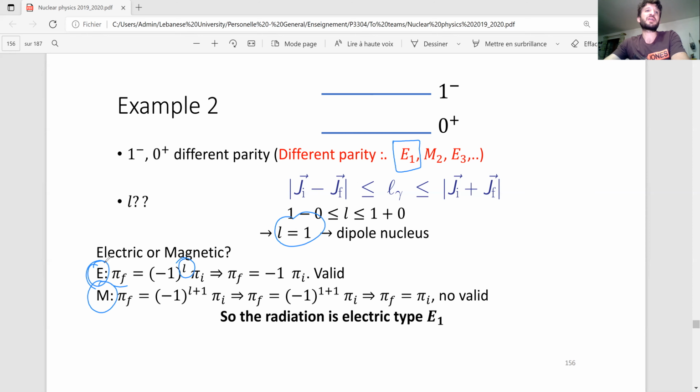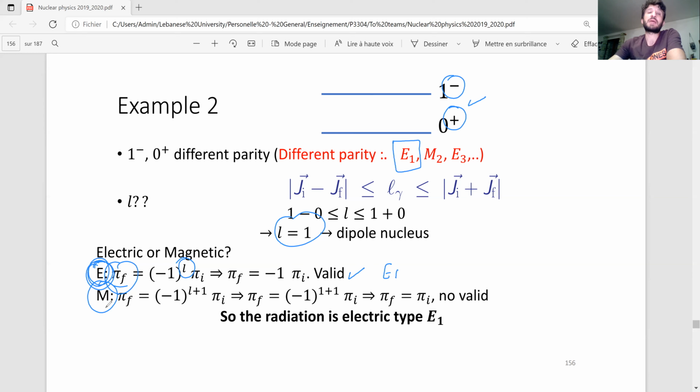In the case of electric transition, we get pi final equals minus pi initial. It's true because we have pi final equals minus pi initial, so E1 is okay.